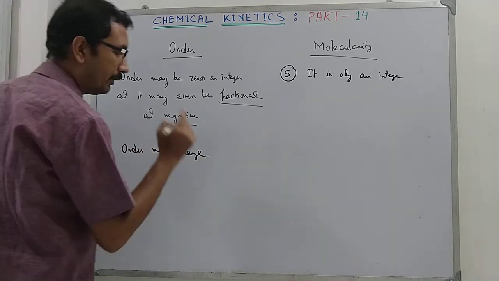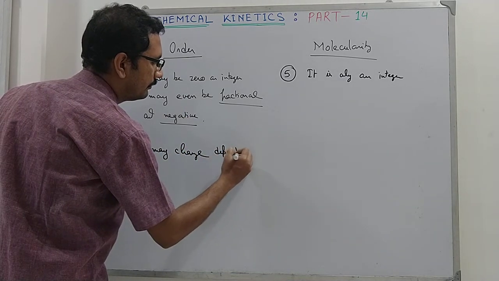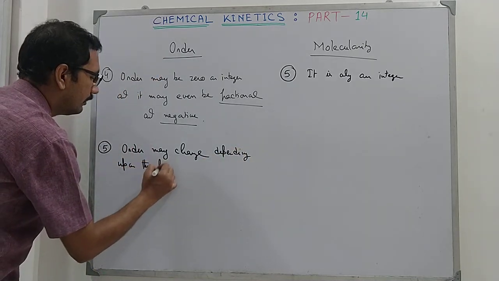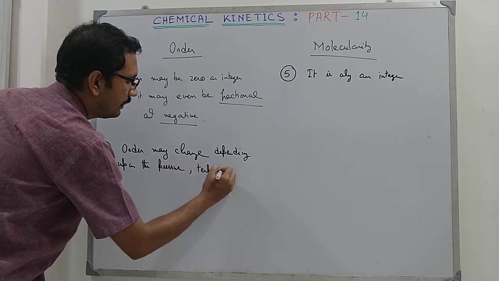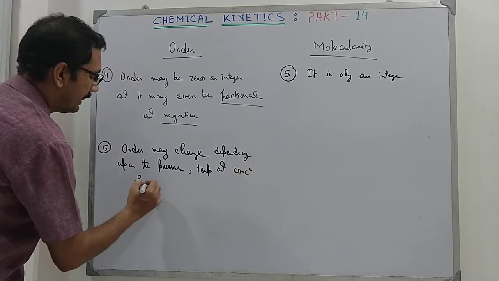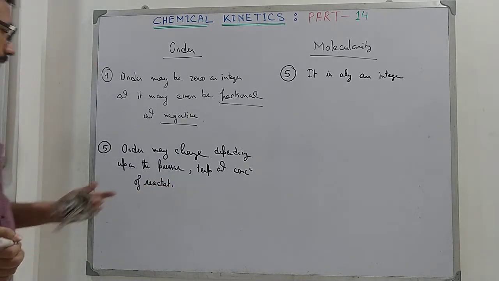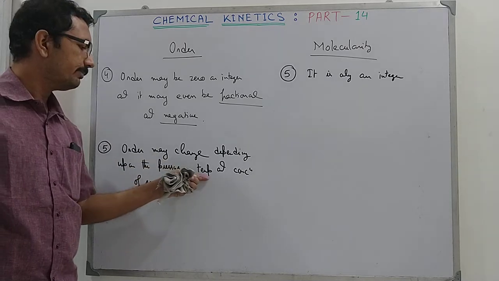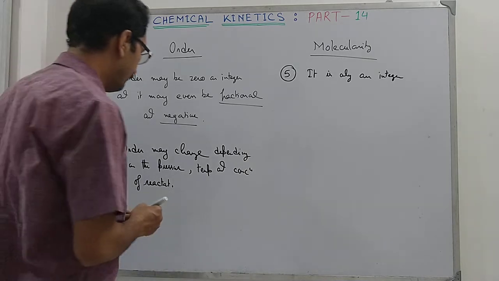Order may change for a particular reaction depending upon the pressure, temperature and concentration of reactants. So order may be tuned by pressure, may be tuned by temperature, and it also depends on the concentration of the reactants.